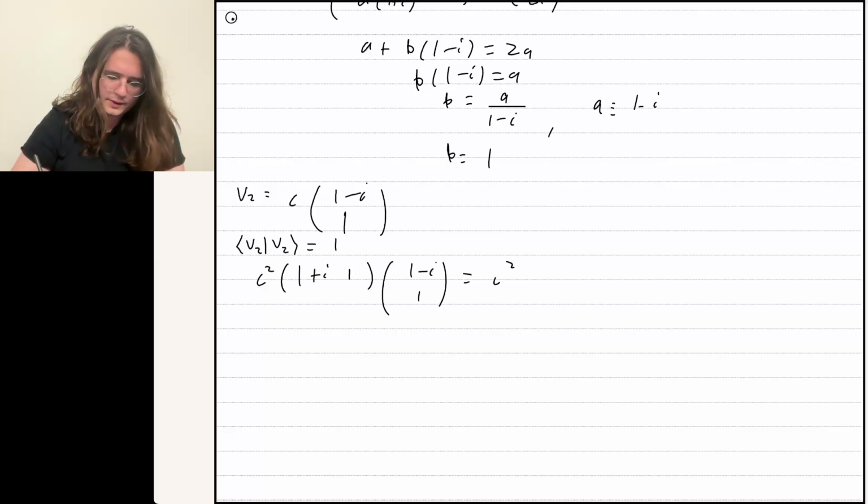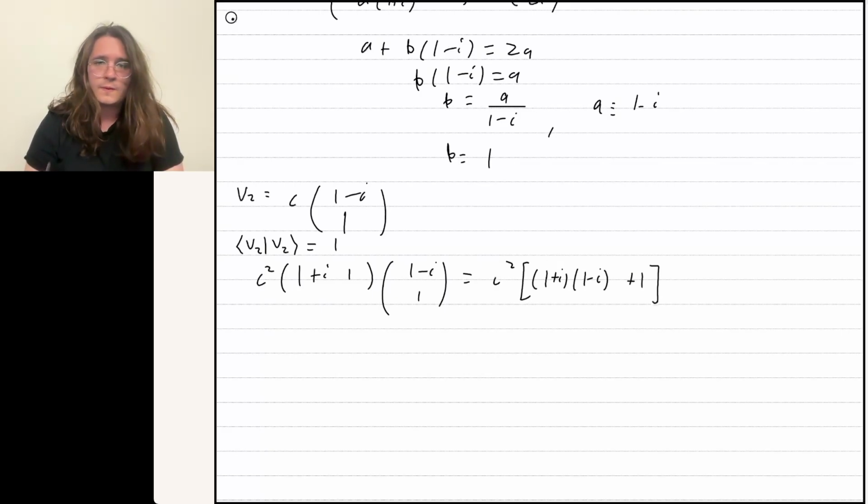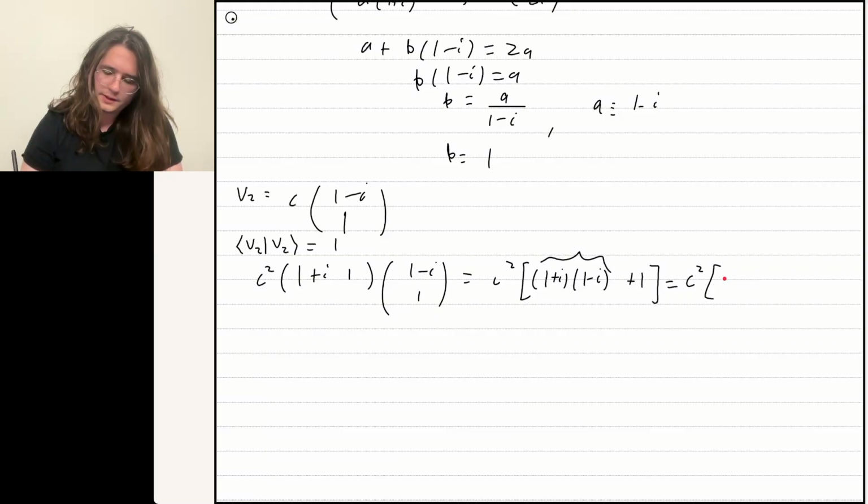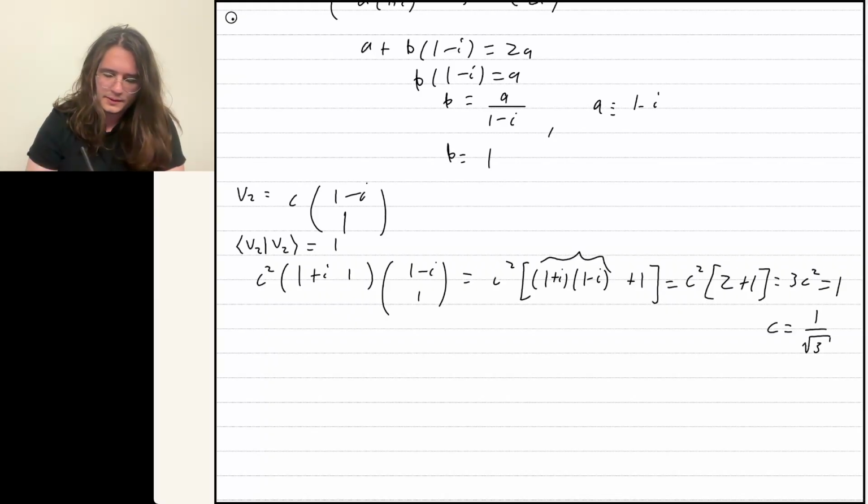So we've got c squared, open bracket, 1 plus i times 1 minus i plus 1. This guy again. So it's c squared times 2 plus 1. So it's 3c squared. That we set equal to 1, so we see that c is equal to 1 over root 3. So pretty nicely, we got v2 is equal to 1 over root 3 times (1 minus i, 1).